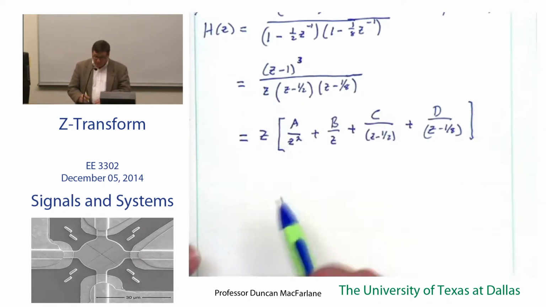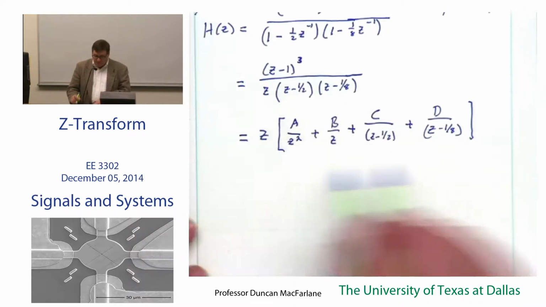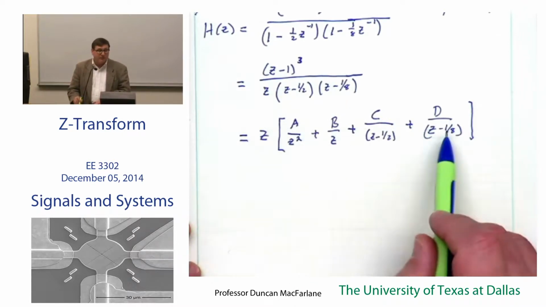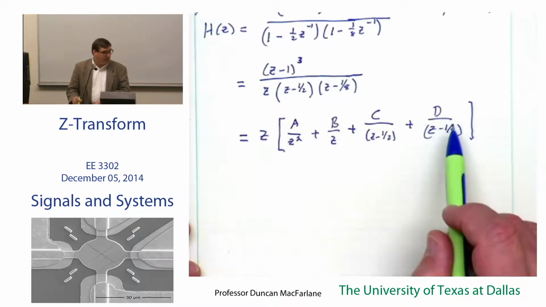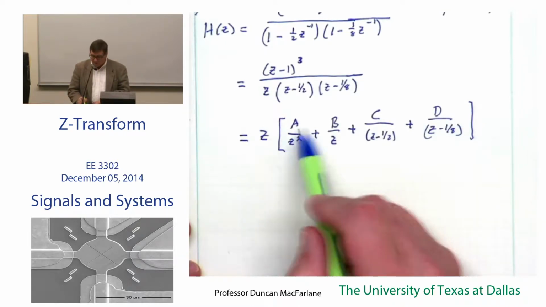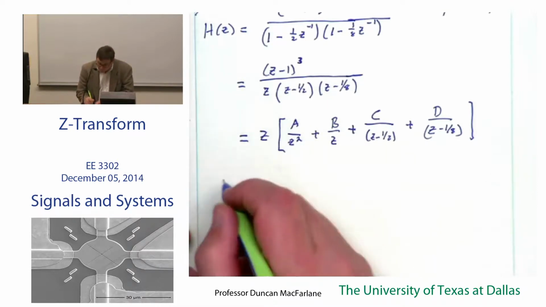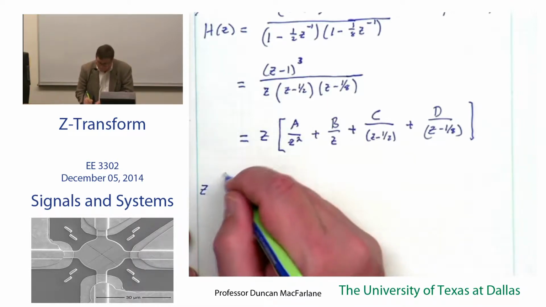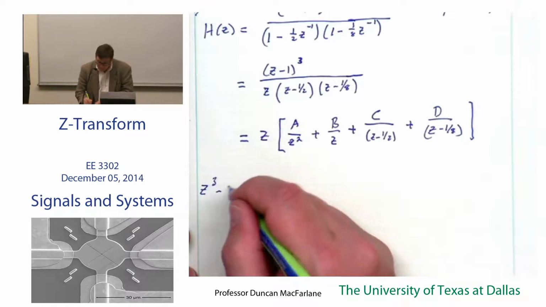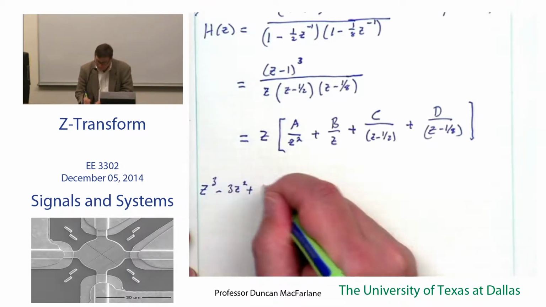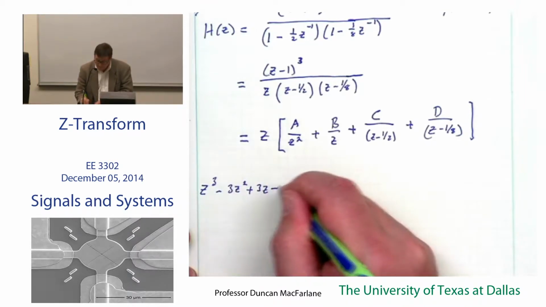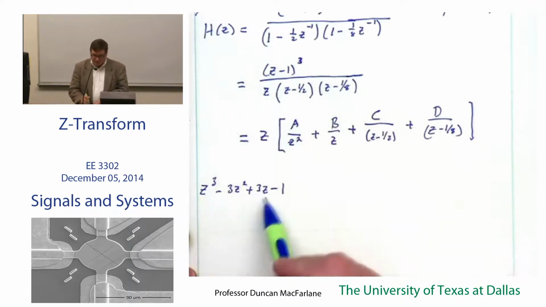So just to remind you, once you set up the form of it, you have to find A, B, C, and D. And you do that by multiplying through, this is z minus 1 cubed.